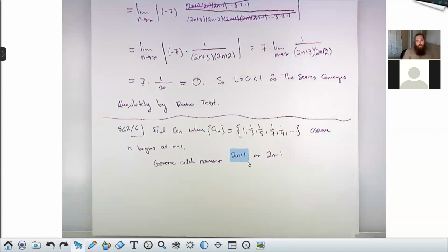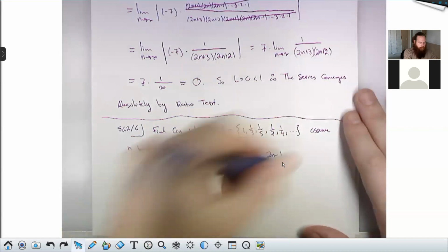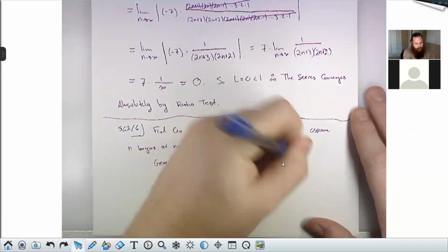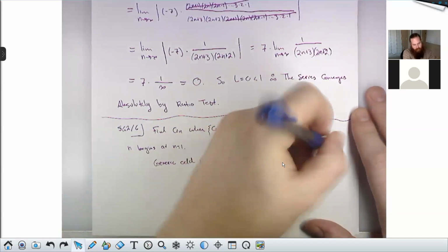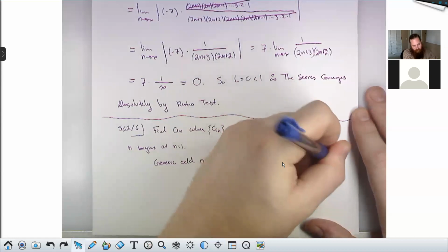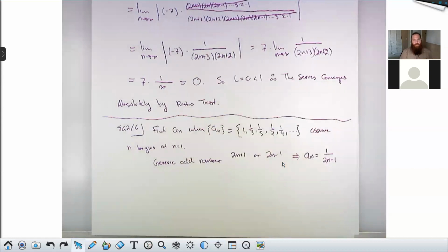If I plug n equals 1 in here, I get 3. If I plug n equals 1 in here, I get 1. So if I want to make my sequence start at n equals 1, I should take the reciprocal of this. So an here is 1 over 2n minus 1. Right?